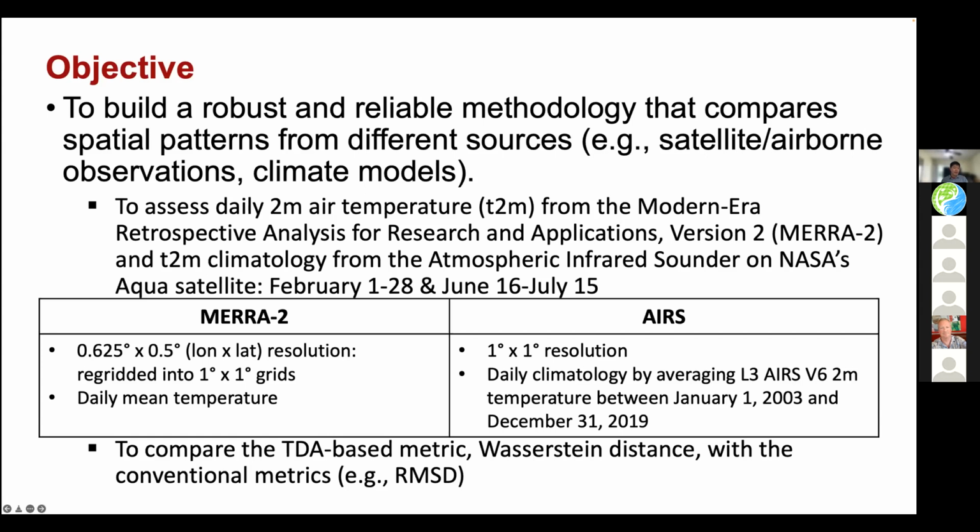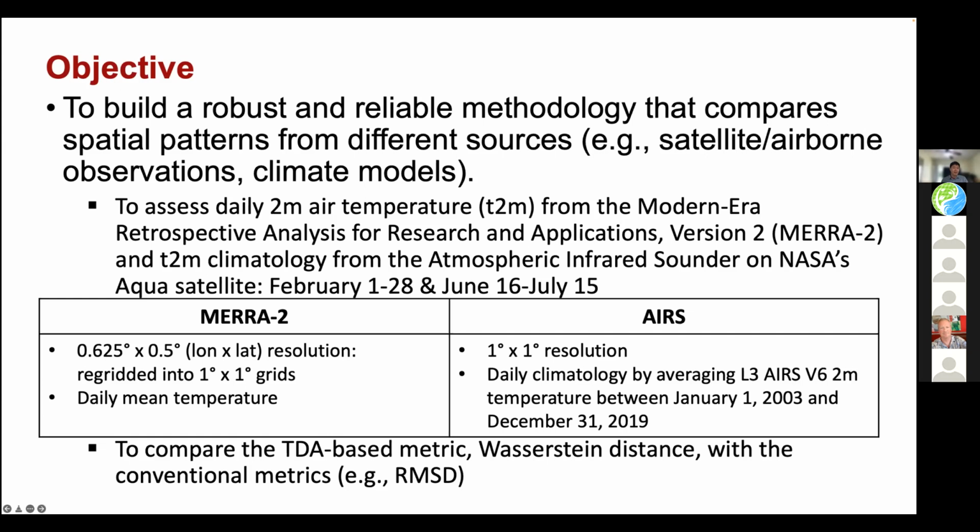We compare the daily mean temperature from this MERRA-2 with temperature climatology from the AIRS satellite. For each day in February and each day between June 16 and July 15, the daily climatology from these satellite observations was calculated by averaging the previous historical observations over the last 17 years.